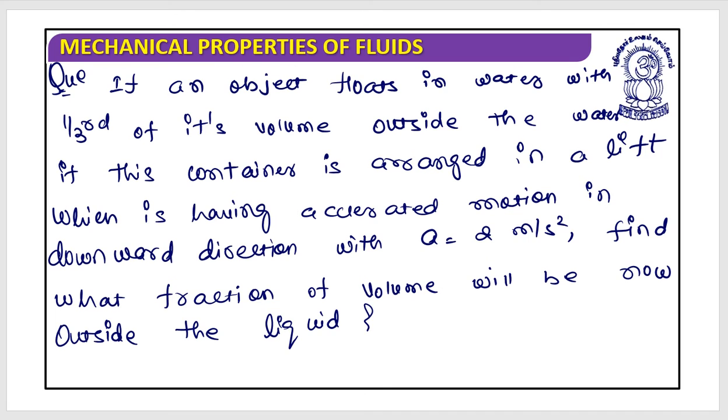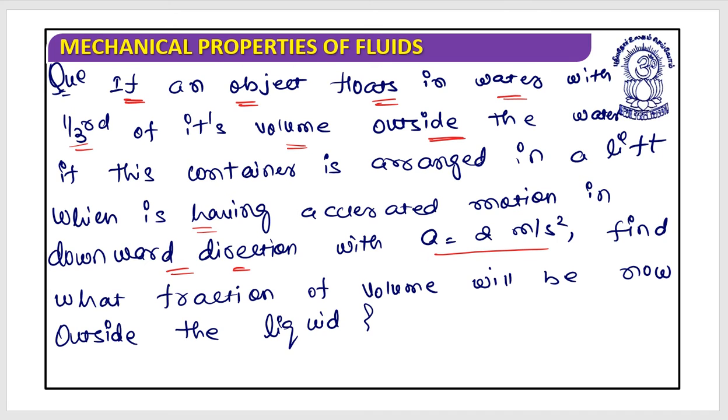They said that an object floats in water with one third of its volume outside the liquid, outside the water in this case. And this container is arranged in a lift, and this lift has accelerated motion in the downward direction with an acceleration of 2 meter per second square.